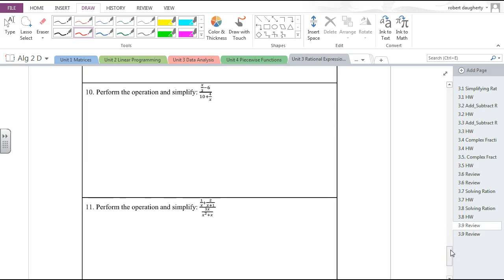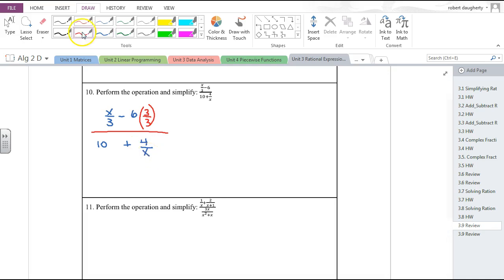Number 10, I have a complex fraction. So I've got to perform the operation in the numerator and the denominator and see how it simplifies from there. So I have x over 3 minus 6. Common denominator is going to be 3, so I multiply that by 3 over 3. All of that divided by 10 plus 4 over x.